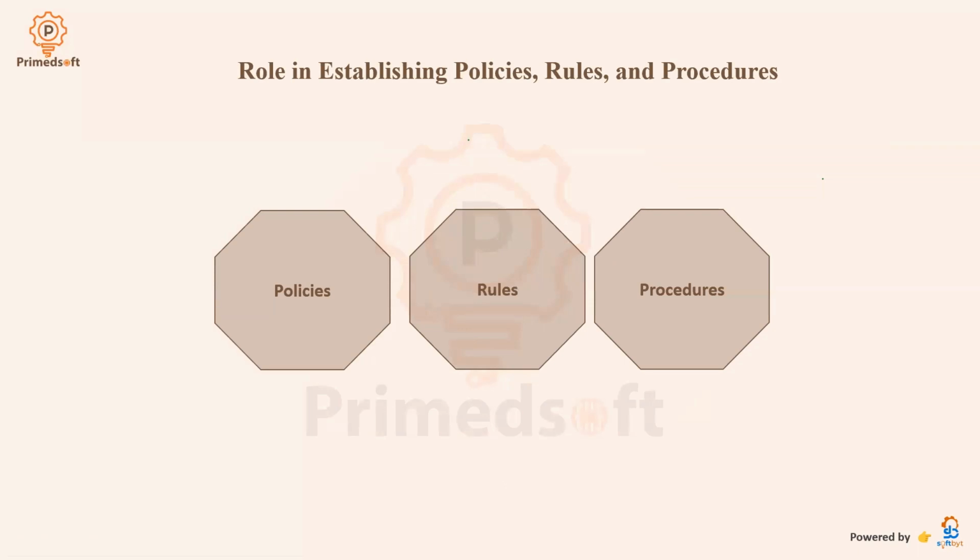So in data governance, we have policies, rules, and procedures. Policies are a set of guidelines and objectives for data management, outlining the expected behaviors and practices.